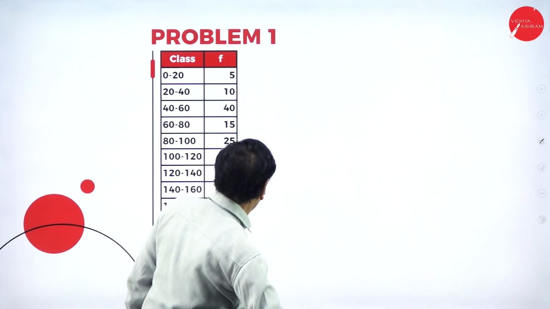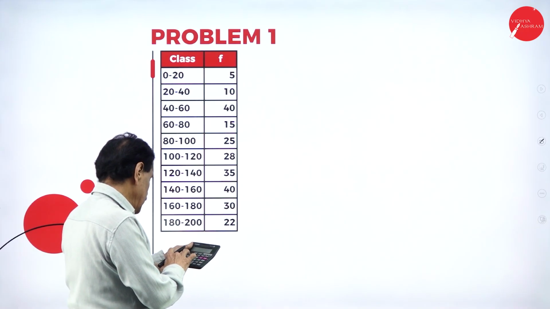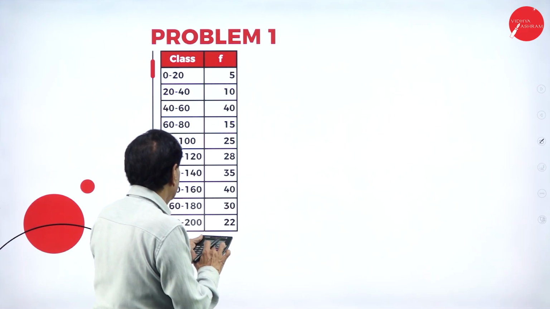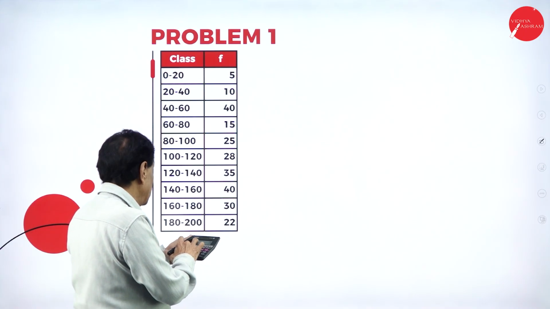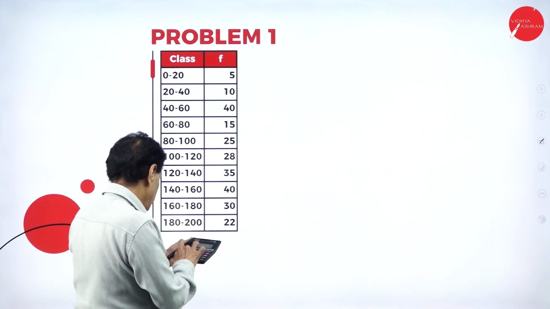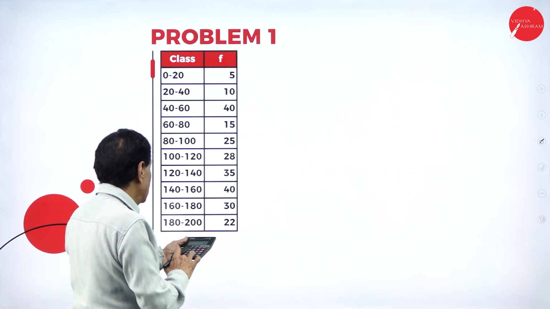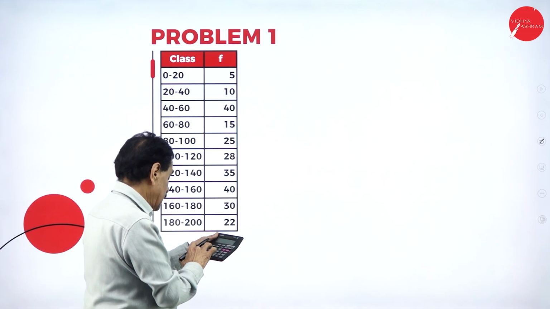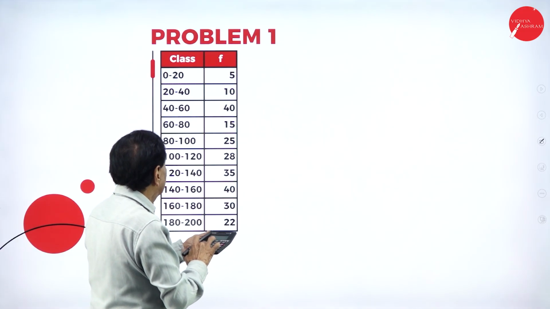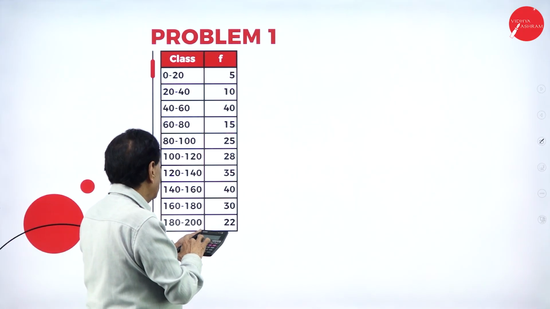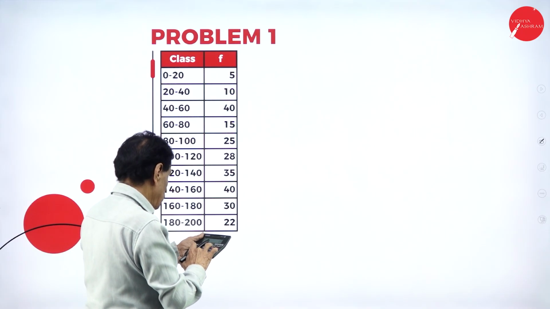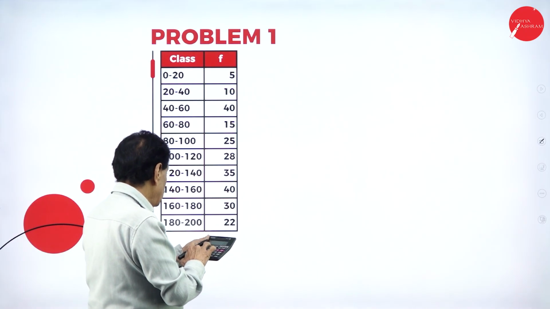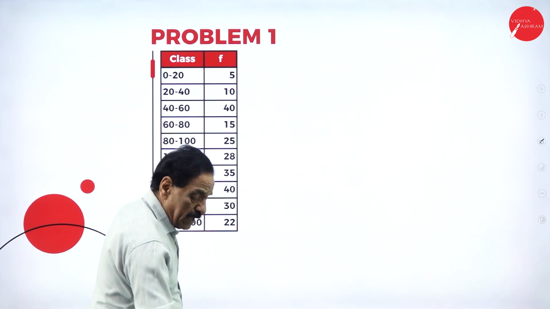So first add the frequencies: 5 plus 10 plus 40 plus 15 plus 25 plus 28 plus 35 plus 40 plus 30 plus 22, which is 250. So N is equal to 250.